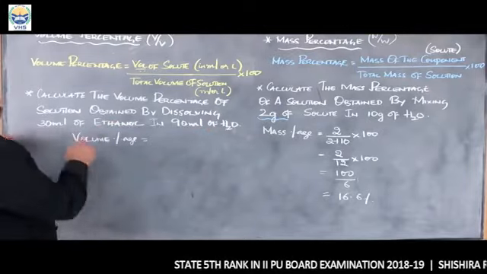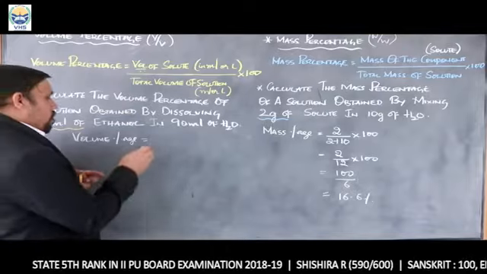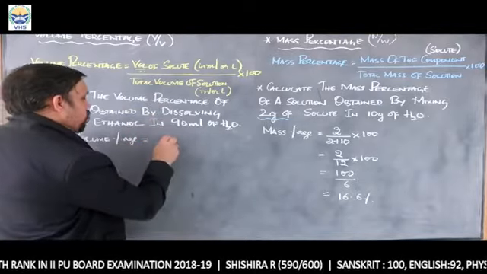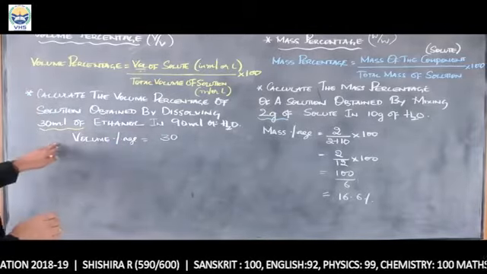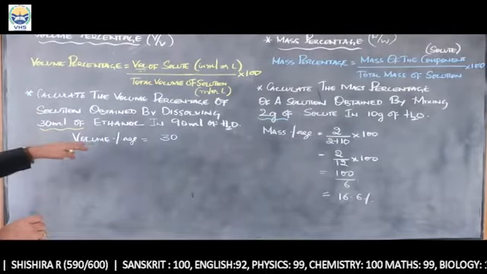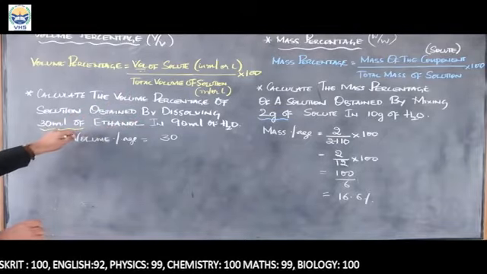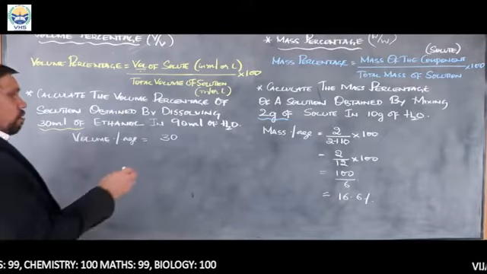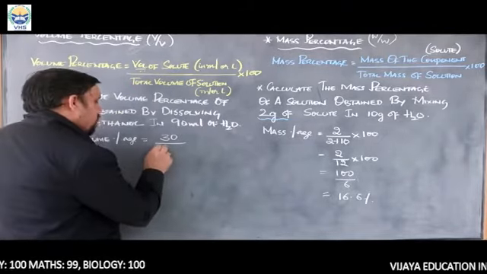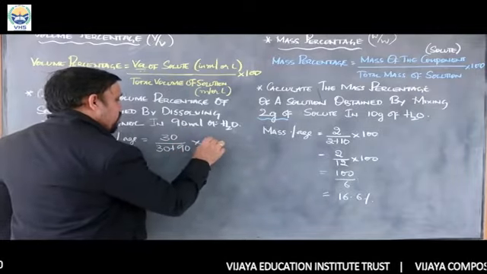So 30 ml of ethanol becomes the solute. So volume of the solute will be 30. Anyway, we have written it in ml only. 30 divided by, what is the other thing? Total volume of the solution. Total volume means 30 plus 90. 30 plus 90 will be how much? It will be 120. So 30 plus 90 into 100.